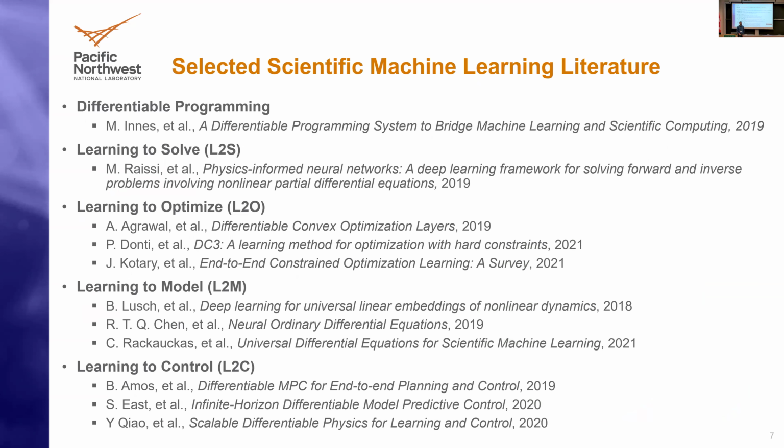So here is a very incomplete and biased literature review that samples a few of these methods, like learning to solve through physics-informed neural networks, which are very popular for obtaining solutions for PDEs, and learning to optimize, which uses exactly the same principle, sampling the collocation points in parametric space and using Lagrangians of optimization problems to obtain approximate solutions with neural networks to constraint optimization problems.